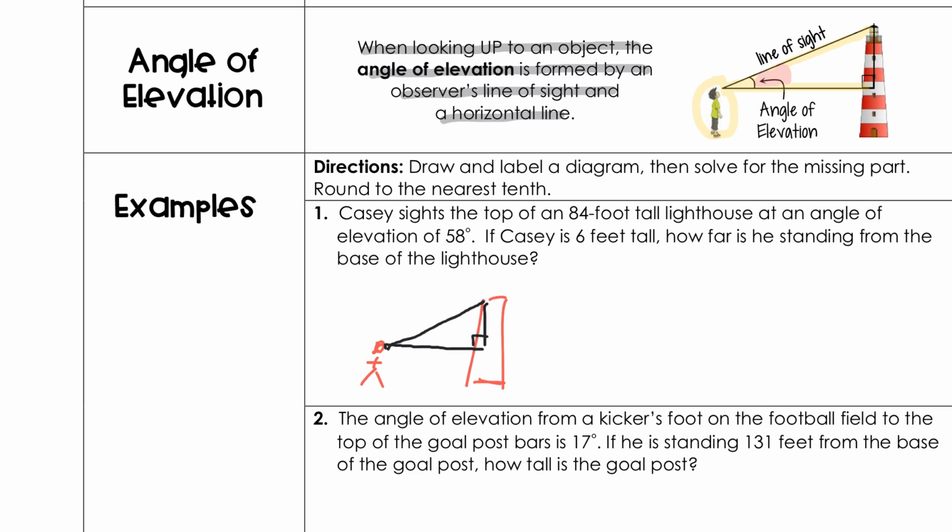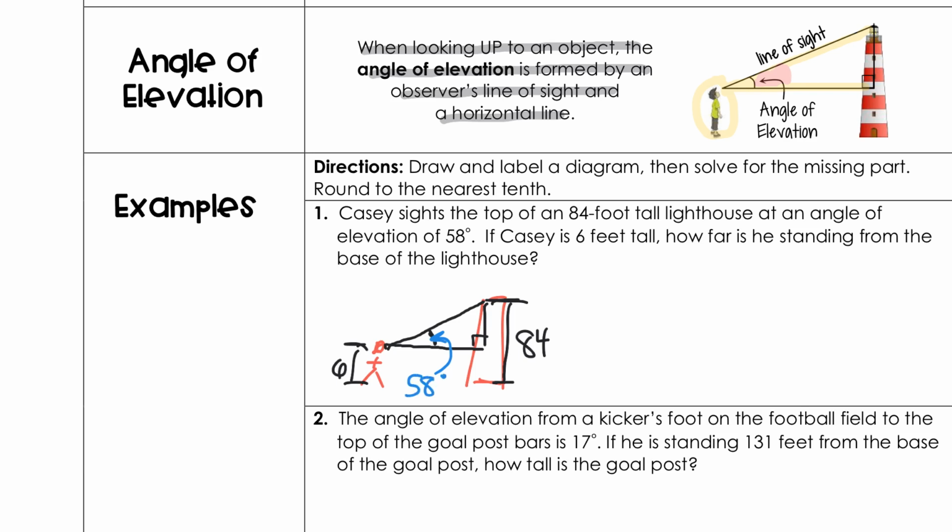Now, 3 values that we know. First of all, the lighthouse is 84 feet tall. Casey is 6 feet tall. And the angle of elevation, what we have right here, is 58 degrees.